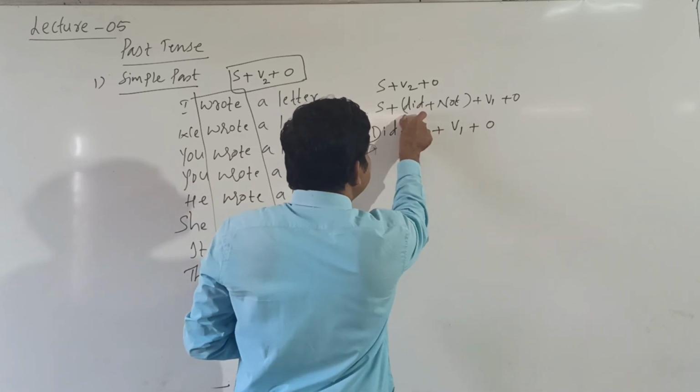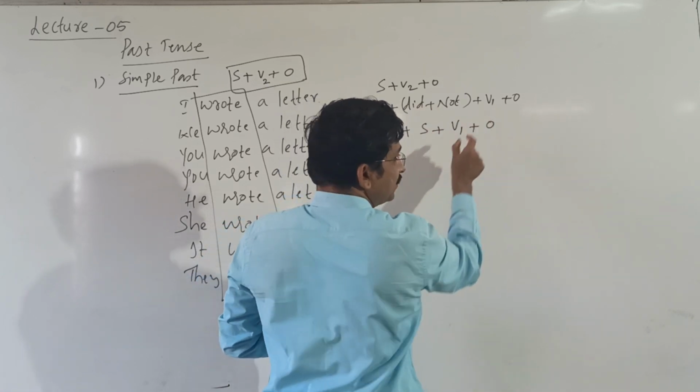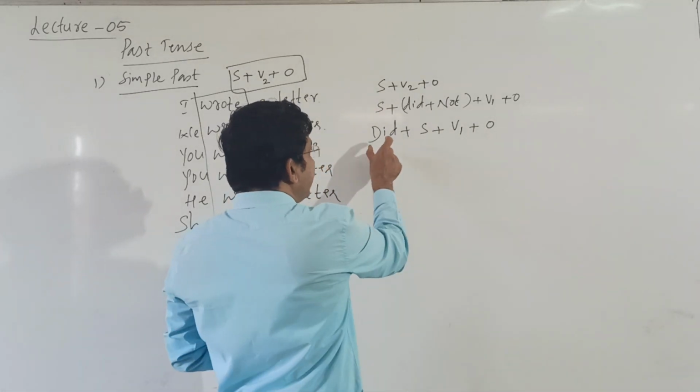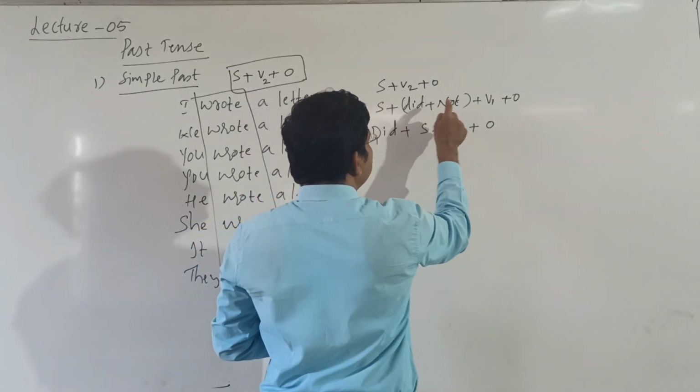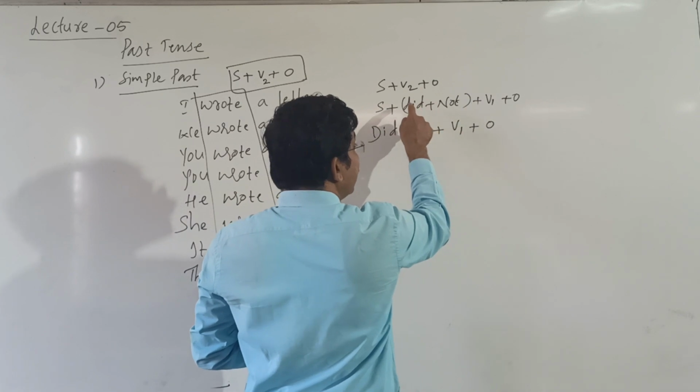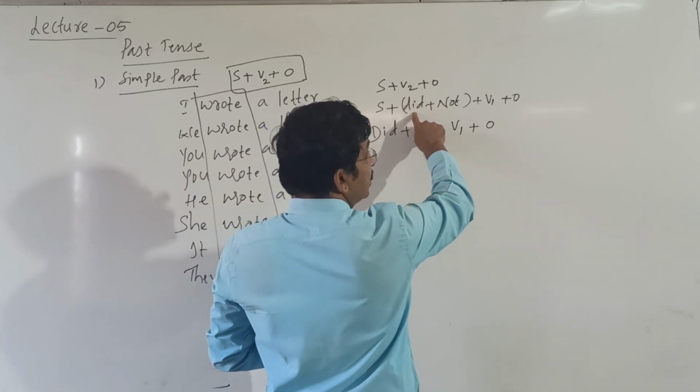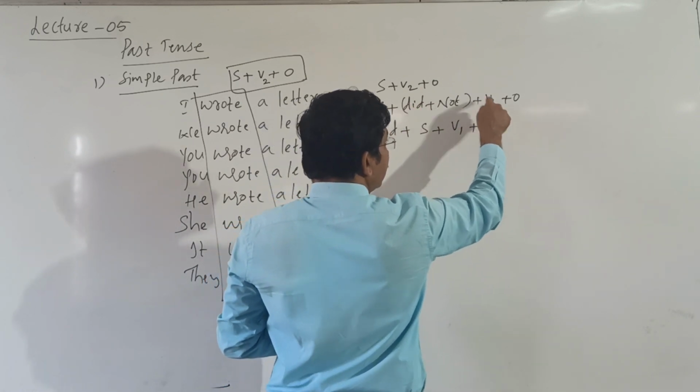When we write did, we should not use V2. Here did, it should be V1. Did is the helping verb of the past tense, so we take V1 form.